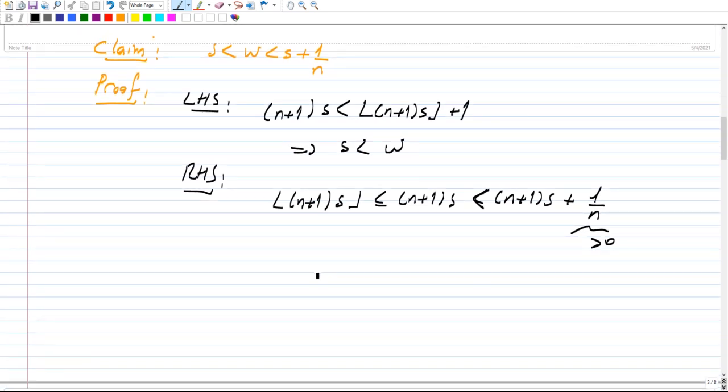Now let's add 1 to each side. We are using these two inequalities, disregarding the middle one, so we have the floor plus 1 is less than (n plus 1)S plus 1 over n plus 1.